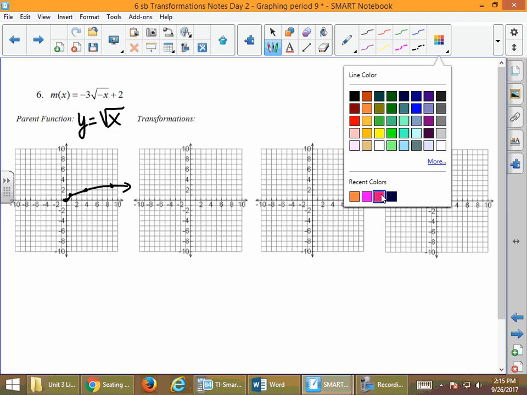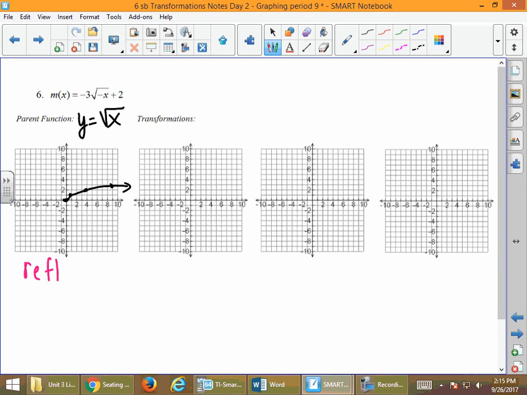It's separate from the 3. What does a negative outside of the function do to the function? It reflects us over the x. I'm going to graph that on the same axis as the parent function. But 0, 0 is still going to stay 0, 0.